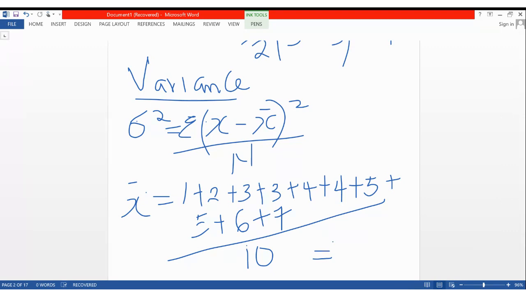Now to get the variance, I'll take every number that is there. I subtract the mean and square it.